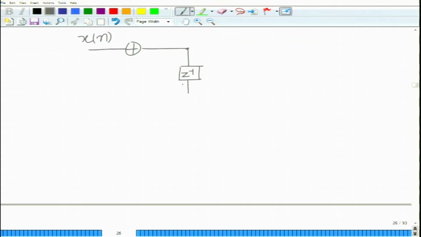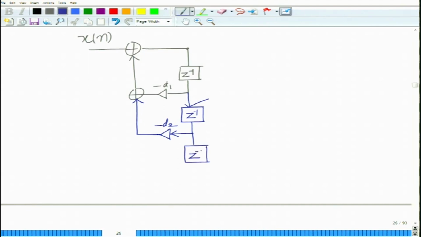This will be multiplied by minus D1, added to the previous one, z inverse, okay, multiplied by minus D2 and added, and finally what you will have is z to the minus 3 multiplied by minus D3, and then you have here an adder, okay, minus D3, minus D1, minus D2, okay.